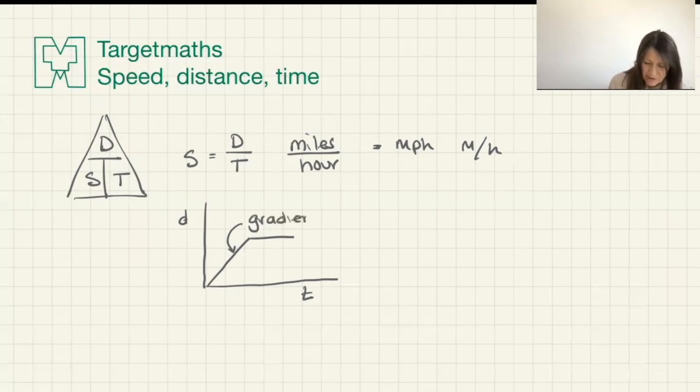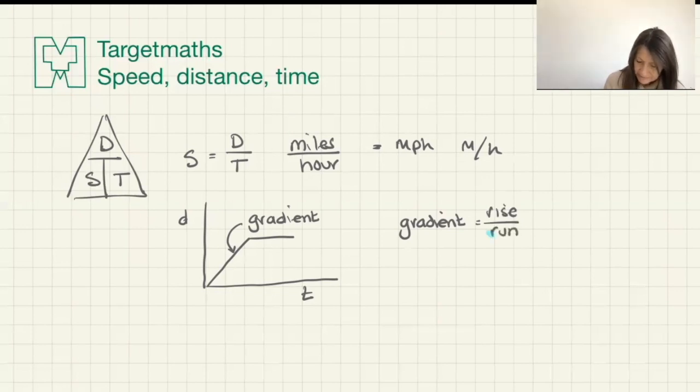Gradient is the topic y equals mx plus c. So if you've done that topic, that will mean more to you than if you haven't. If you haven't done the topic, then you don't really necessarily know that gradient, which measures how steep a line is, is found by doing the rise divided by the run.